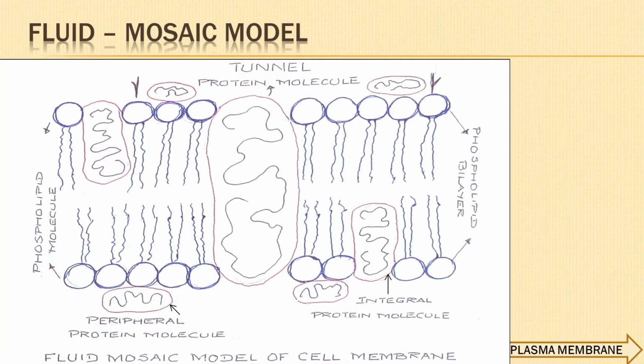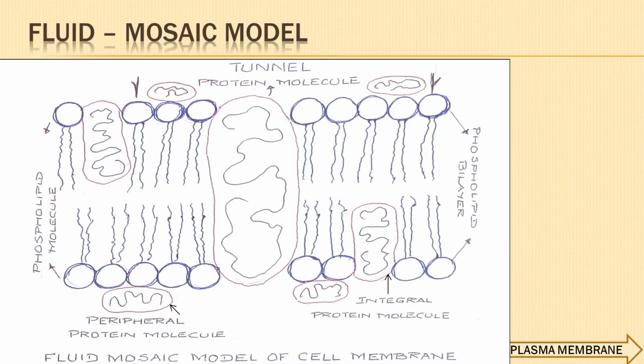Which are the parts prominent in the diagram that is shown to you? Phospholipid layer, peripheral proteins, integral protein. This matrix that is highly viscous has two layers of phospholipid molecules having globular proteins associated with them.